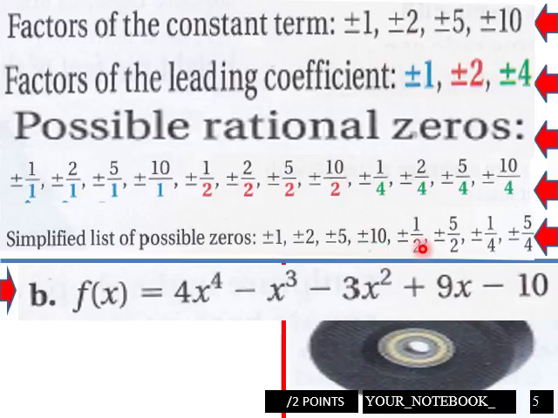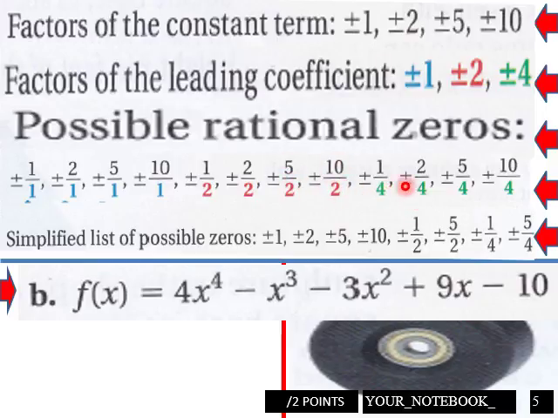So this will be a so-called simplified list of our possible zeros for this polynomial here. 1 over 2, 5 over 2, 1 over 4, 5 over 4. So 1, 2, 5, and 10, that'd be this here. And then 1/2, this will be 1, this will be 5 over 2, and then this will be 5 here.